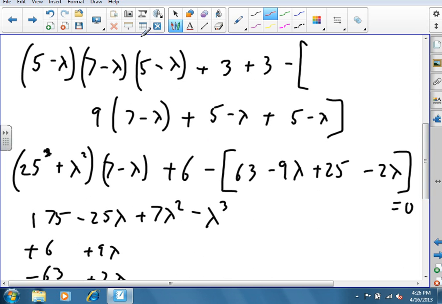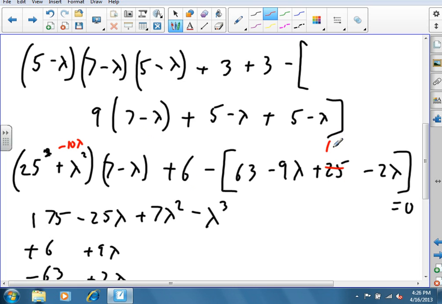This is 25 plus lambda squared, minus 10 lambda. Okay, so there's a minus 10 lambda that goes in there. And there's a 6, that's right. 9 times 7, that's right. 9, that's right. What's 5 plus 5? Anybody know what 5 plus 5 is?